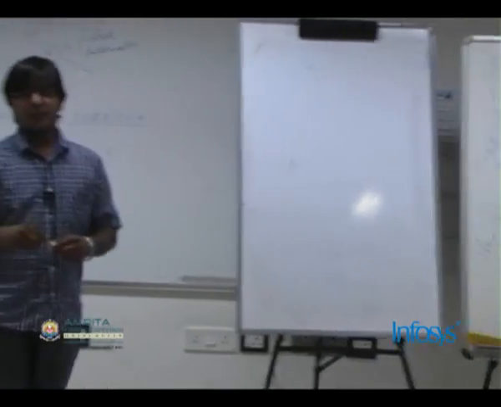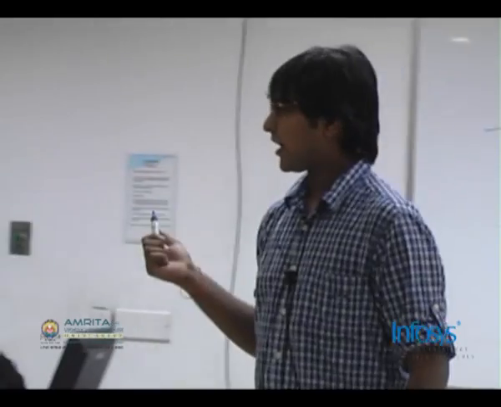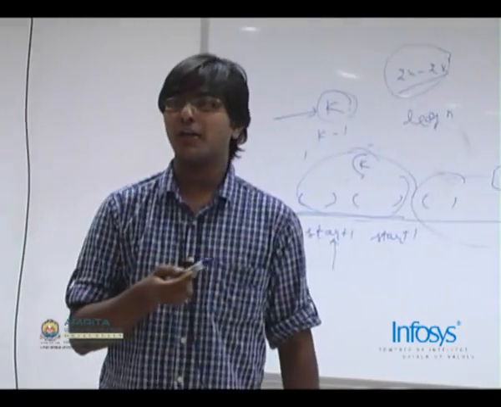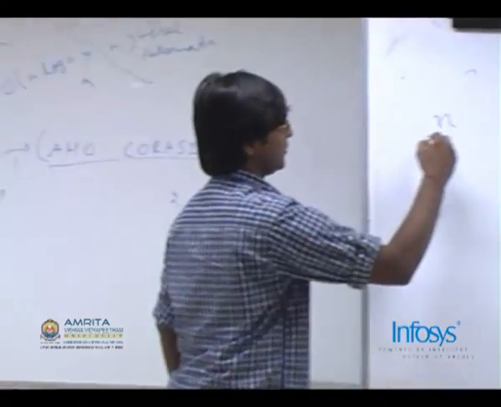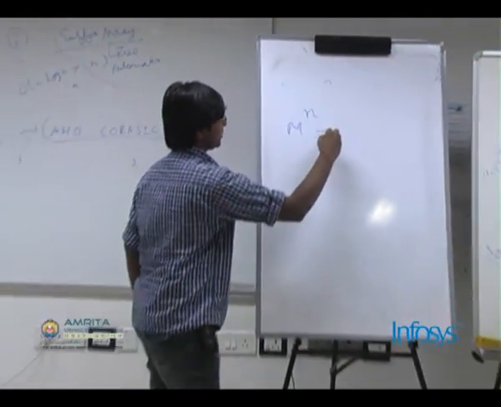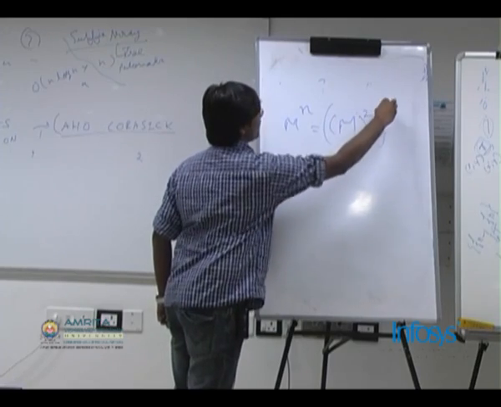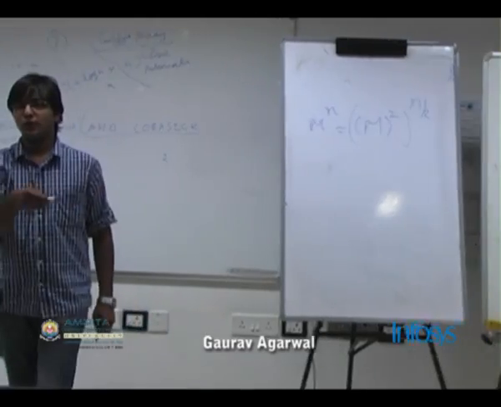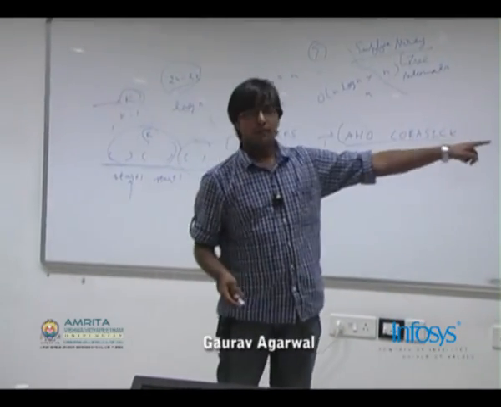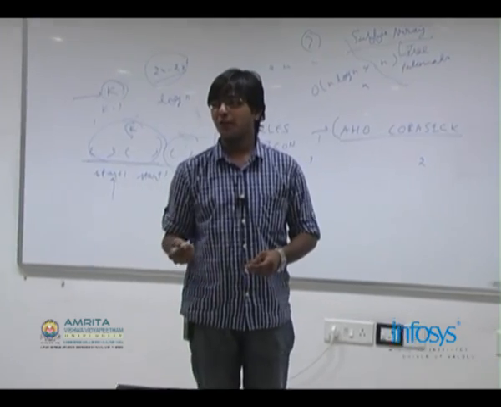Now how to calculate matrix power n? We've already discussed that, I guess: it is logarithmic exponentiation. M raised to the power n is equal to M square to the power of n by 2 if n is even, and you can take another case for odd, and according to that you can calculate the exponentiation in logarithmic time.